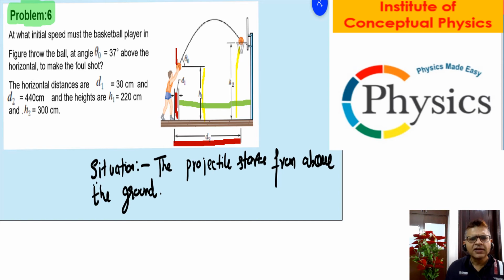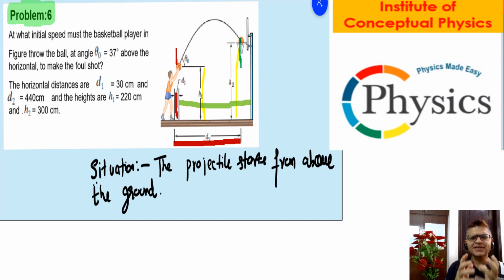And this is d2 minus d1. Similarly, the vertical distance between the hand position, which is your new origin, and the basket is only this much. Let me use a separate color and show you, right? So essentially this is h2 minus h1.